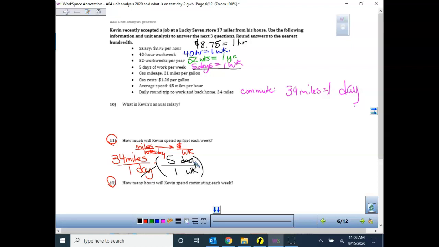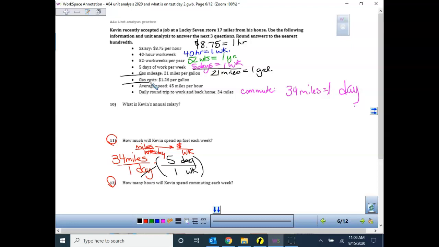We have to use the gas mileage, and that means that 21 miles is equal to what? 1 gallon. And which other one do we have to use? Gas cost. The gas cost, right? Because we're trying to figure out how much money we are spending.